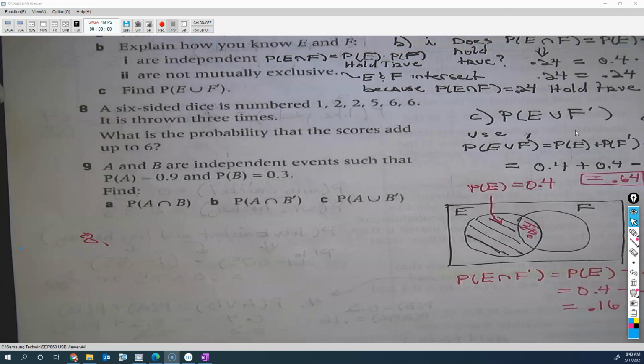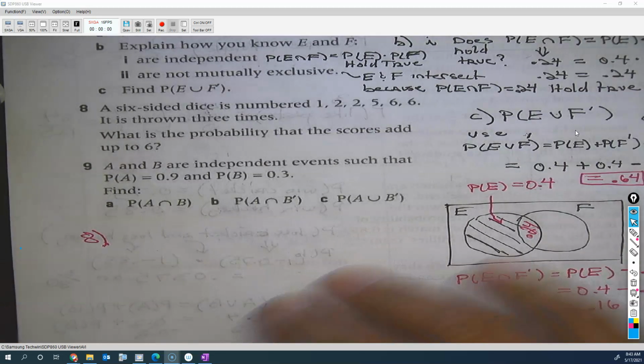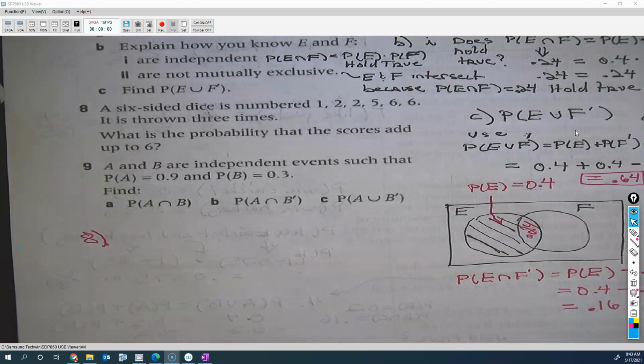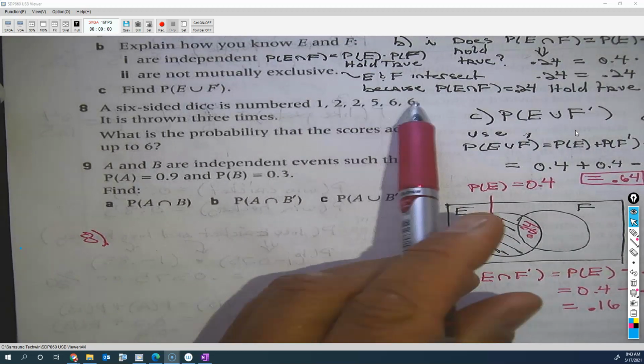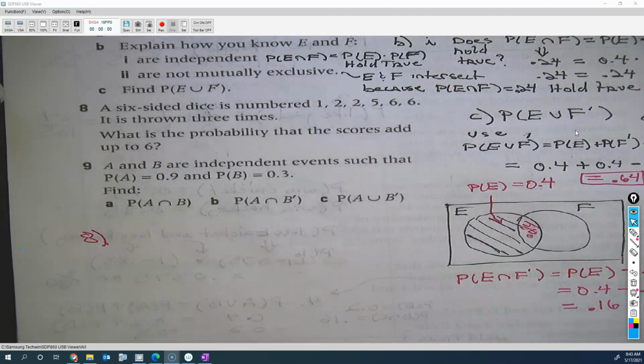What combination of numbers, if you threw this 3 times, is going to give you the sum?